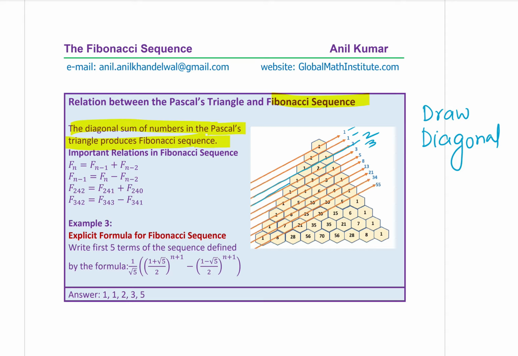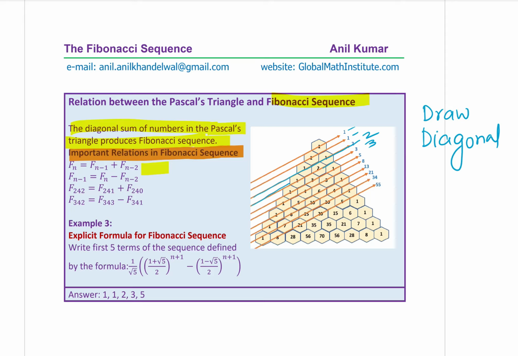Correct? Now, let's get back to some of the formulas which we have learned. The important relations which we have learned are as follows. And then based on these relations, we are going to solve some questions soon. F of n is F(n minus 1) plus F(n minus 2), right? So that is the sum of the previous two, right?